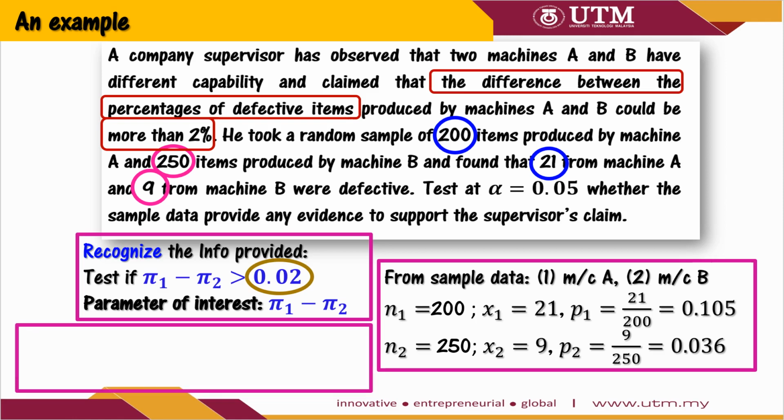This is consequently case 1, where we will use a z-test statistic with p1 and p2 in the z-test formula to estimate the individual population proportions of defective items, pi1 and pi2 respectively. Here, we have a right-sided alternative hypothesis test that should be performed at 5% or 0.05 level of significance, which is further illustrated in the next slide.